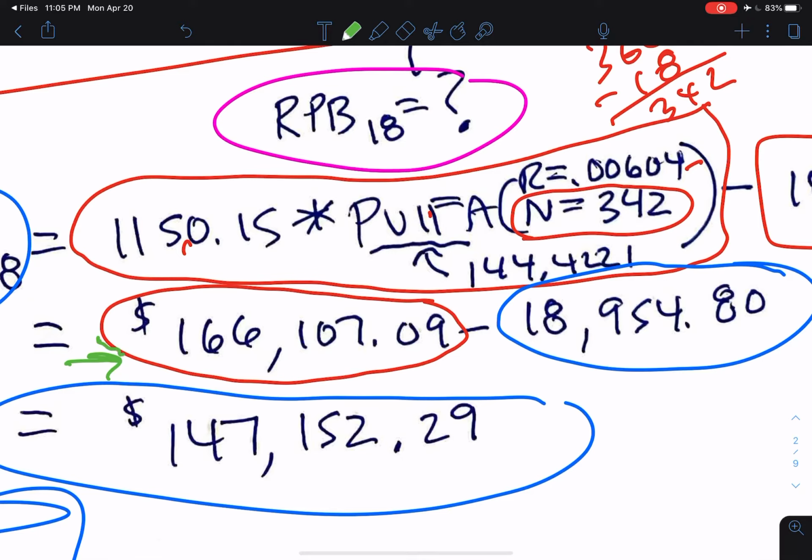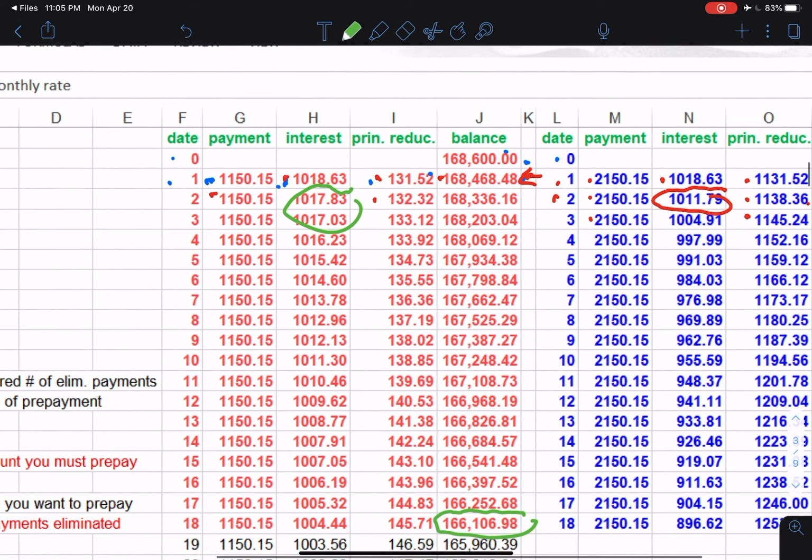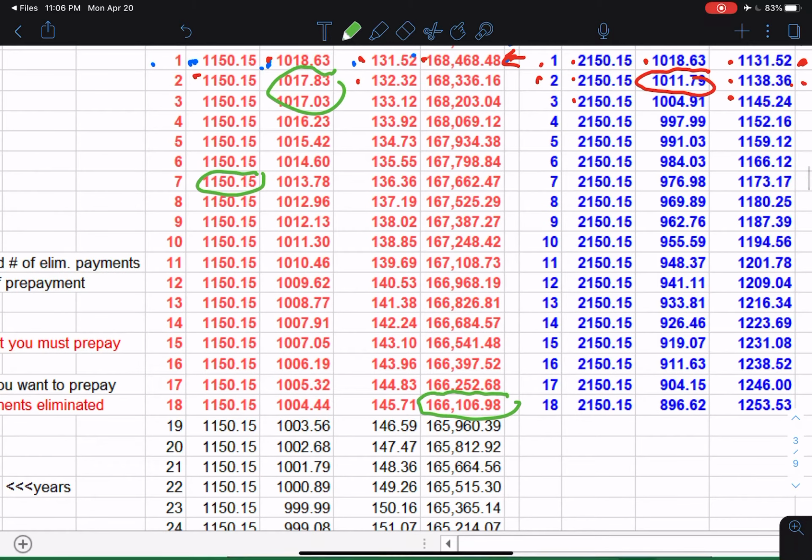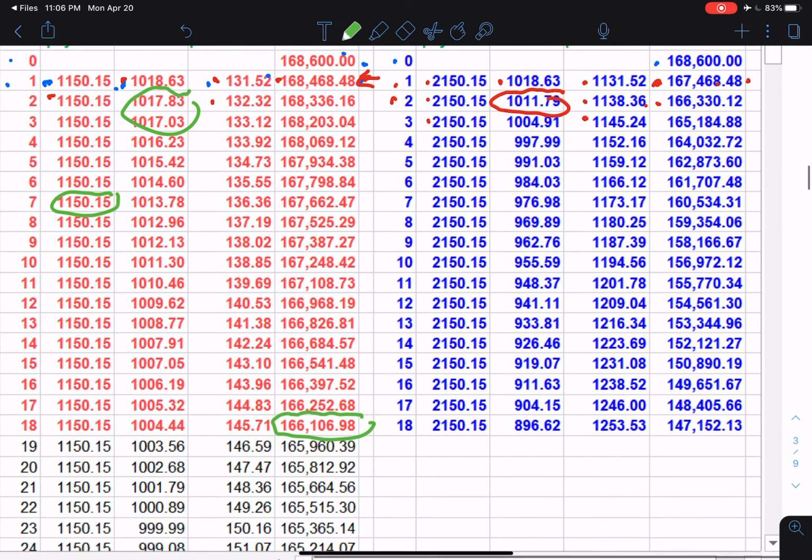Now, it's off by a few pennies because in the spreadsheet here, even though it says 1150, it was really carrying a number with more places out than 0.15, and so we're off by a few pennies. But the answer is precise. It's just a rounding thing, and it's a non-issue. So 166,107 is the remaining principal balance at date 18 if we didn't make the extra $1,000 payment each time we made a regular payment.